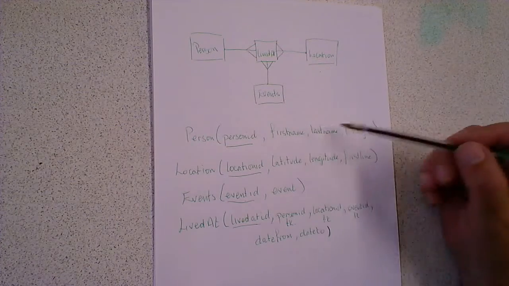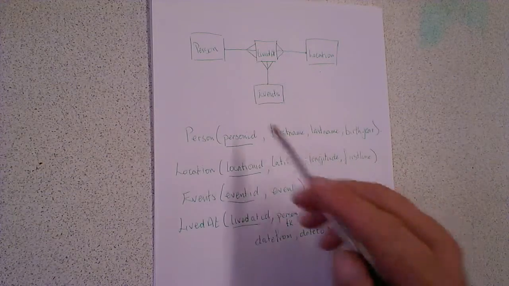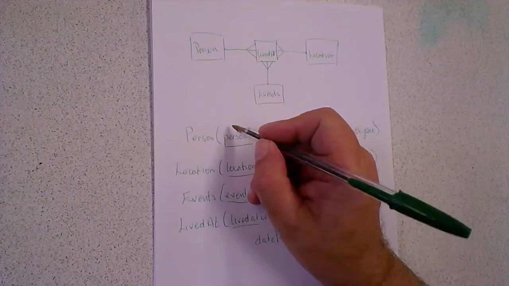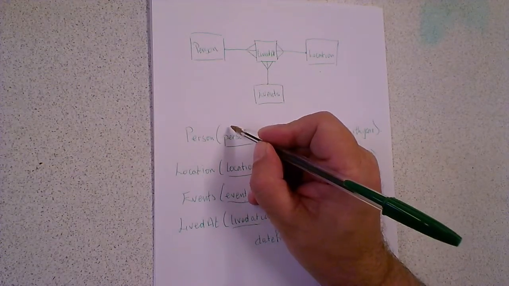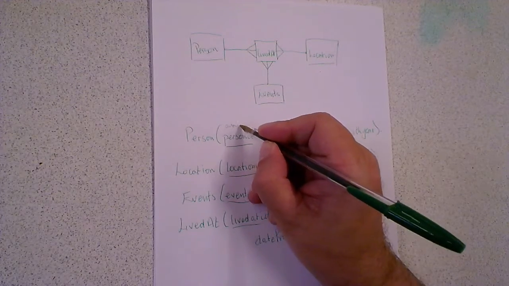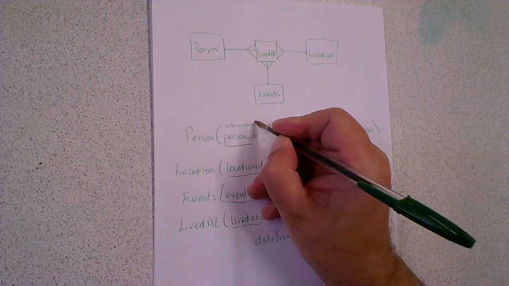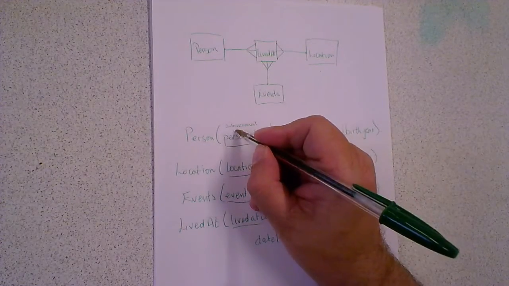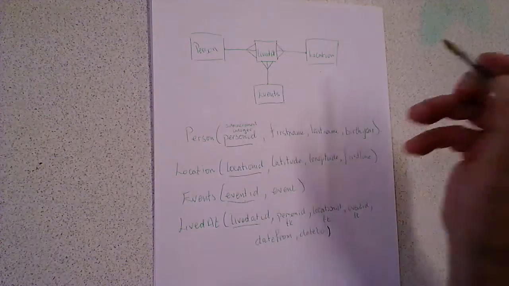So person ID for a start off, any ID is going to be an auto increment, so we're going to let the database decide it, and it's going to be an integer.